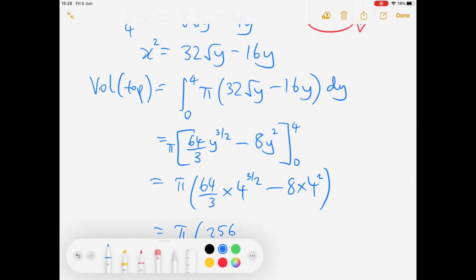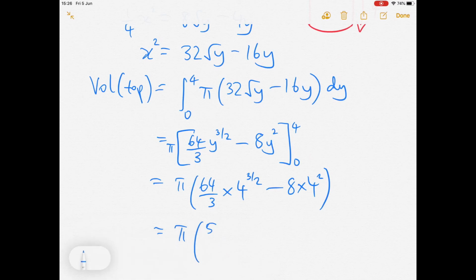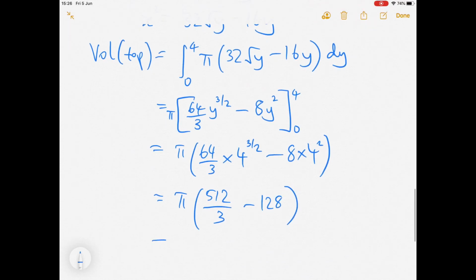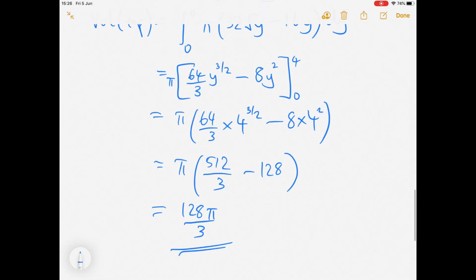Oh no, 512, isn't it? Over 3 minus 8 times 16, which is 128. And then 128 is something over 3. Let's see, that's 384, I think. So we're looking at 128 pi over 3. So hopefully that's the right answer.